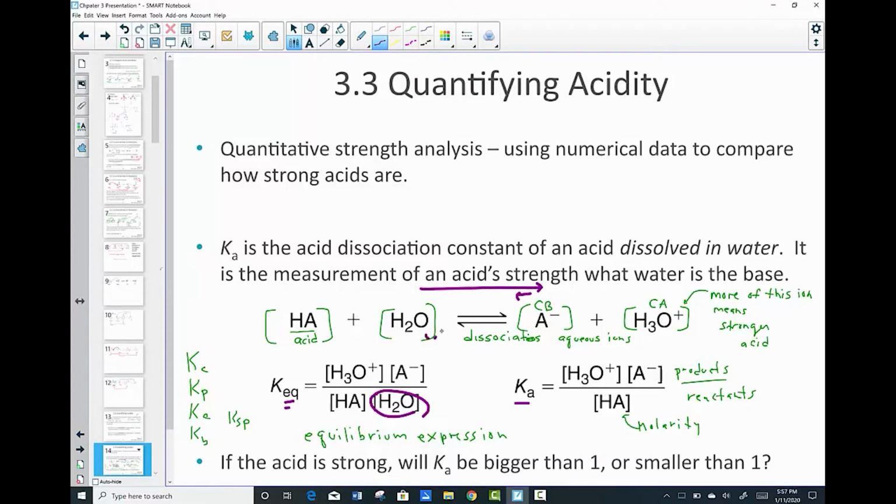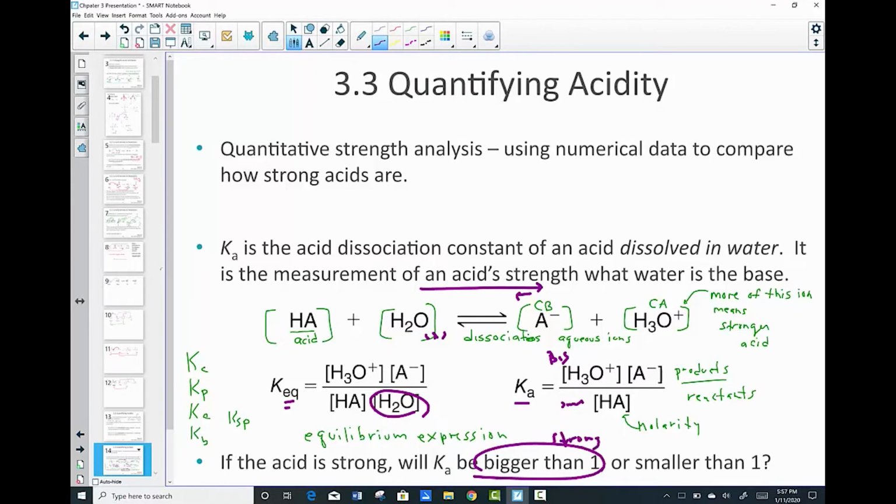If we have a strong acid, we favor the forward direction of this equilibrium. We have very high concentrations of the ions. We have a big number over a smaller number. And so you can see Ka is very large, bigger than 1, for strong acids. On the opposite thought plane here, let's suppose that we had a very weak acid, which means that the forward direction hardly takes off, and we're favoring the left side of the equilibrium.